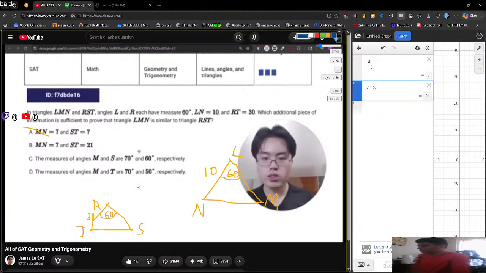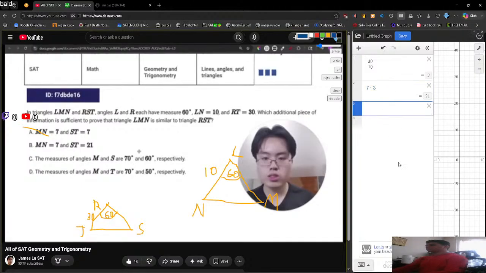Okay, are 70 and 50, respectively. Alright, let's test another thing. If I do 180 minus 60 minus 70, and then again minus 60, that doesn't work, and that works. So C is out. So it could either be B or D.